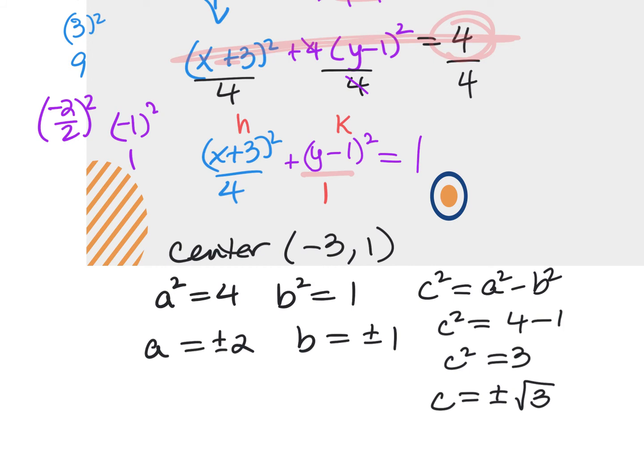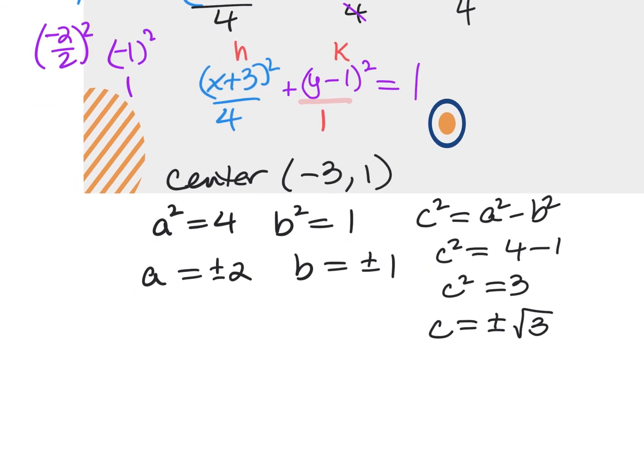Now I'm going to use the a value to find my vertices. So for my vertices, I'm going to be taking the center point, the −3, and because my a² was under the x², I'm going to be adding and subtracting the a value to the x coordinate, or the h.